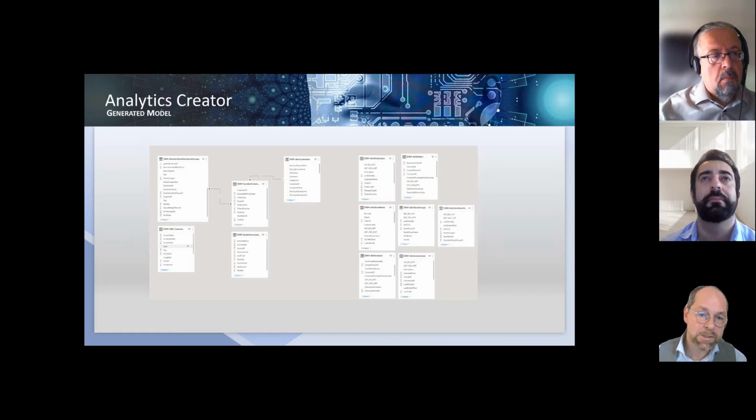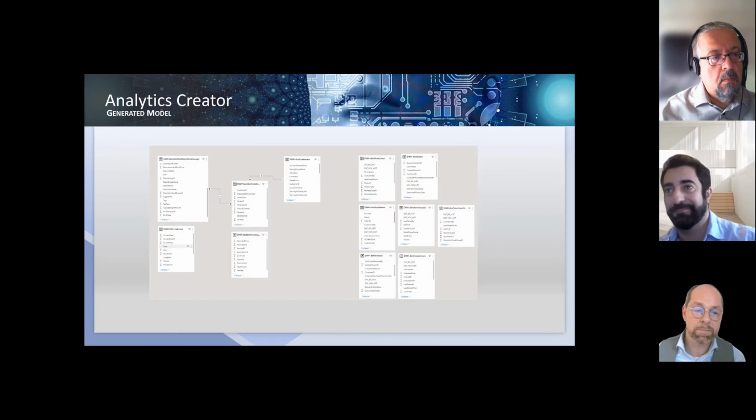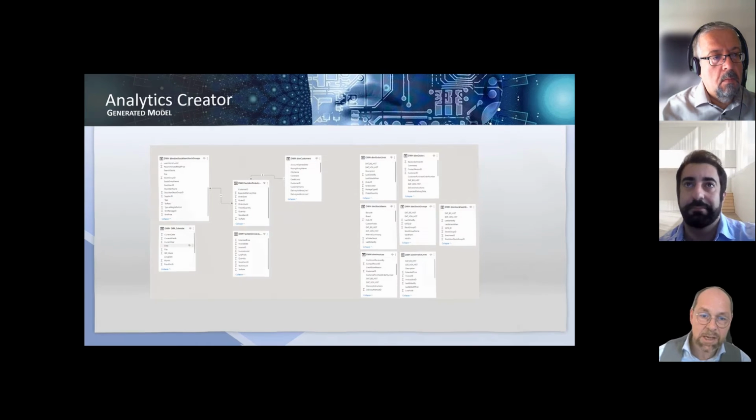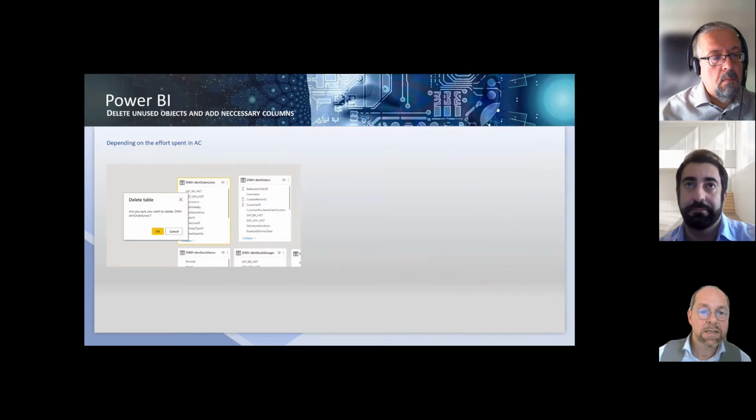So the third step of a Power BI model is to look for what information is really needed by this report. What would we like to display? The first step then is to delete a table that is not really used in this part of the Power BI reporting of your company.